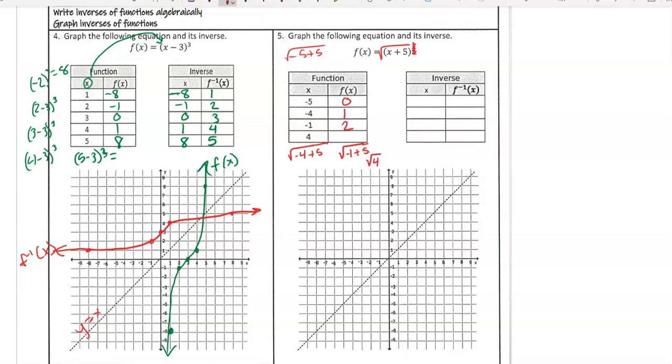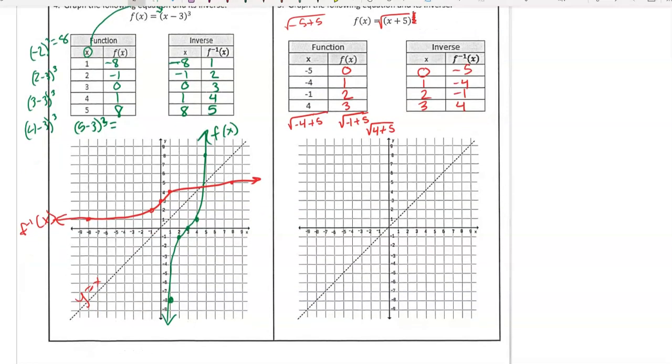Now we have the square root of 4 plus 5. 4 plus 5 is 9. Square root of 9 is 3. All right, now the inverse, 0, negative 5, 1, negative 4, 2, negative 1, 3, 4.